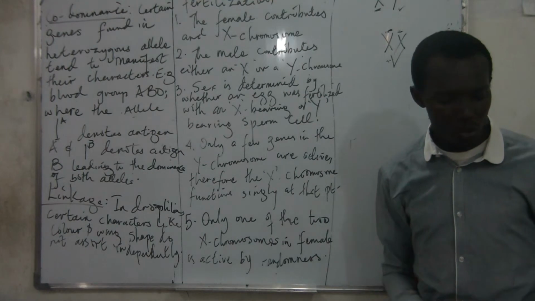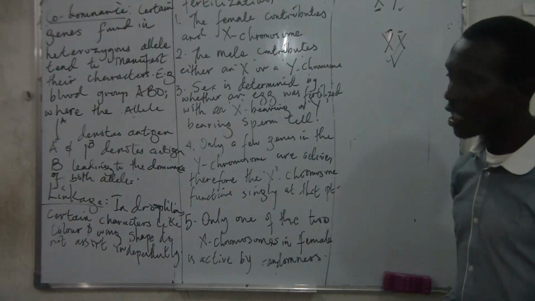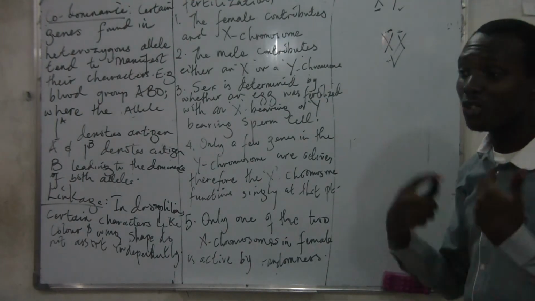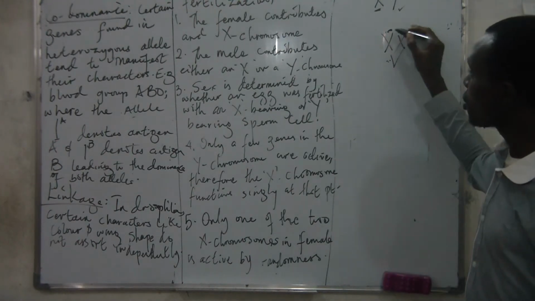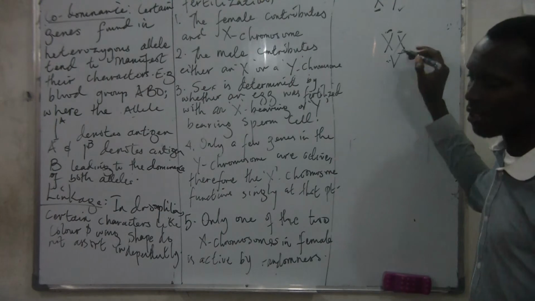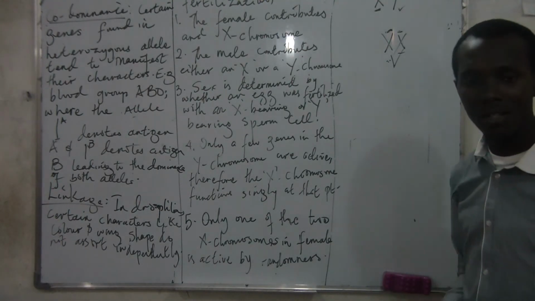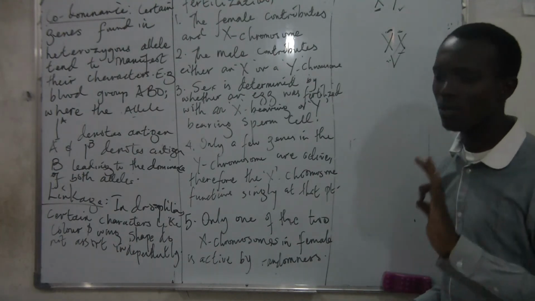So that concept is what we refer to as dilution of gene dosage. The gene dosage is diluted, otherwise you'll be seeing some very extra features in females. But because one of the genes is diluted, only one is active. So the genetic coding in humans or in organisms is very detailed and very meticulous.